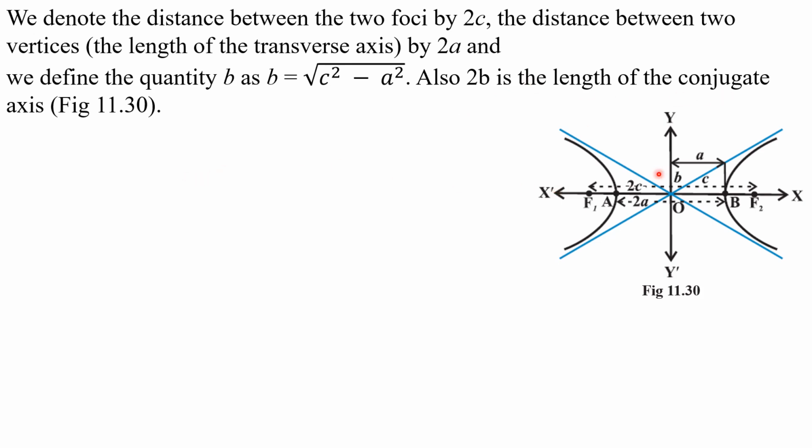Say in the case of ellipse, we denoted the length of the major axis as 2a and the length of the minor axis as 2b. Yes or no, my children? Do you remember that point? Similarly, here the length of the transverse axis is 2a and the length of the conjugate axis is 2b. Please remember these points, my children. Okay, my children, understood these points? Right.